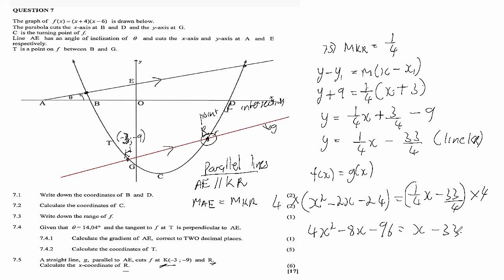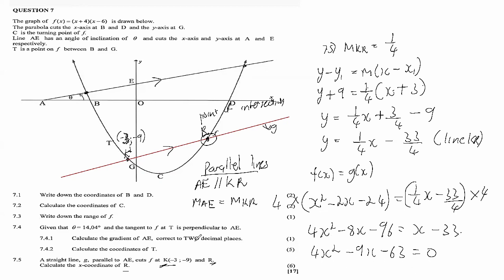Now at this point, let's take all this and transpose it over to this side. That's 4x squared minus 9x, if we say 8x minus x, and then negative 96 plus 33, that's going to give us 63, equal to 0.